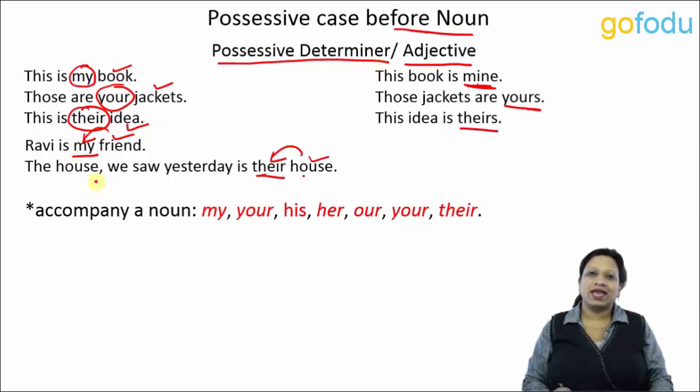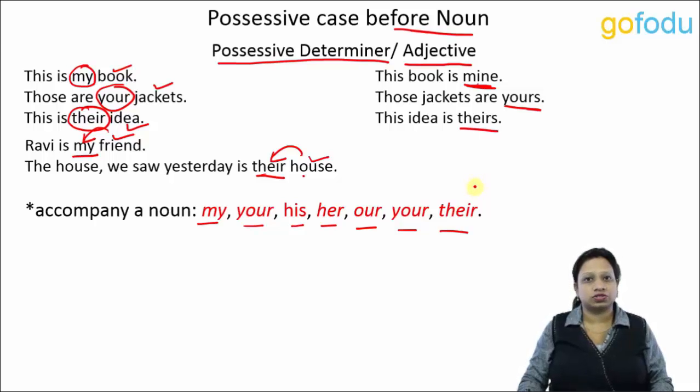Over here, in any sentence, if a pronoun is followed by a noun, then it is no longer a pronoun, it is an adjective. Please make a note of it, it's very important. So all these, my, your, his, her, our, your, their, look like pronouns and sometimes are categorized under pronouns, but they are actually adjectives, possessive adjectives, commonly known as determiners.